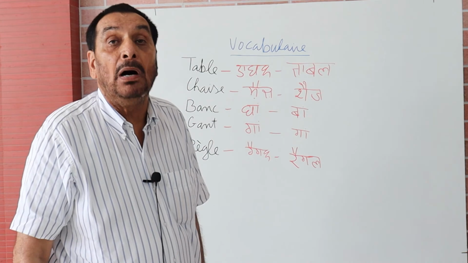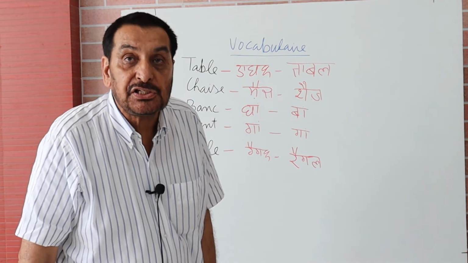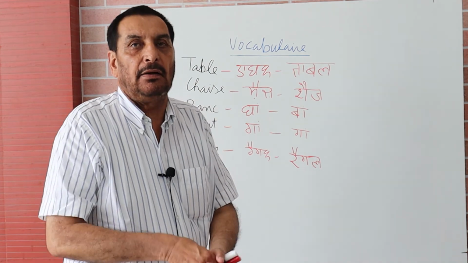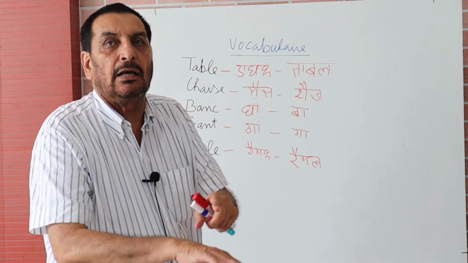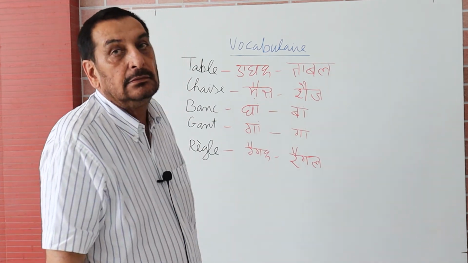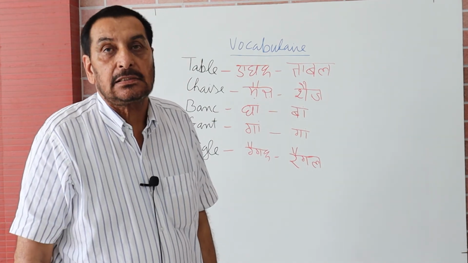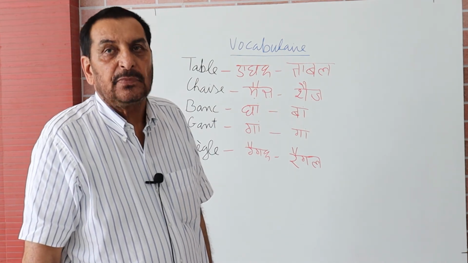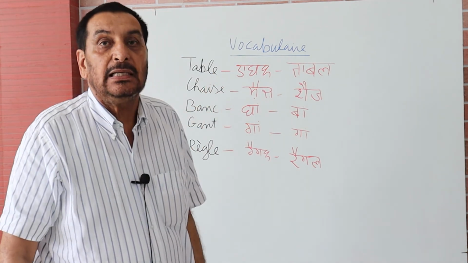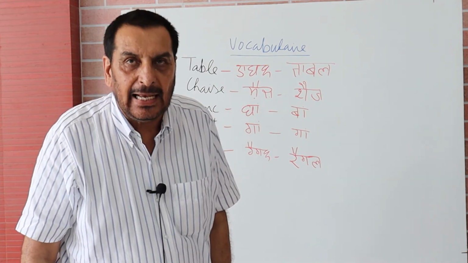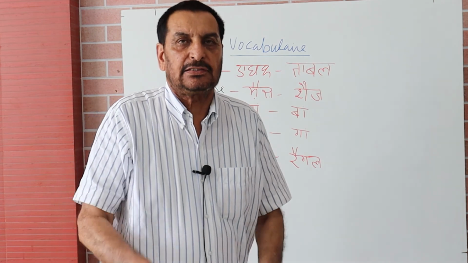Banc is bench. Gant is glove which we wear when it's very cold. Règle is scale. Okay, so again, table, chaise, banc, gant, règle. Okay, that's all for today.